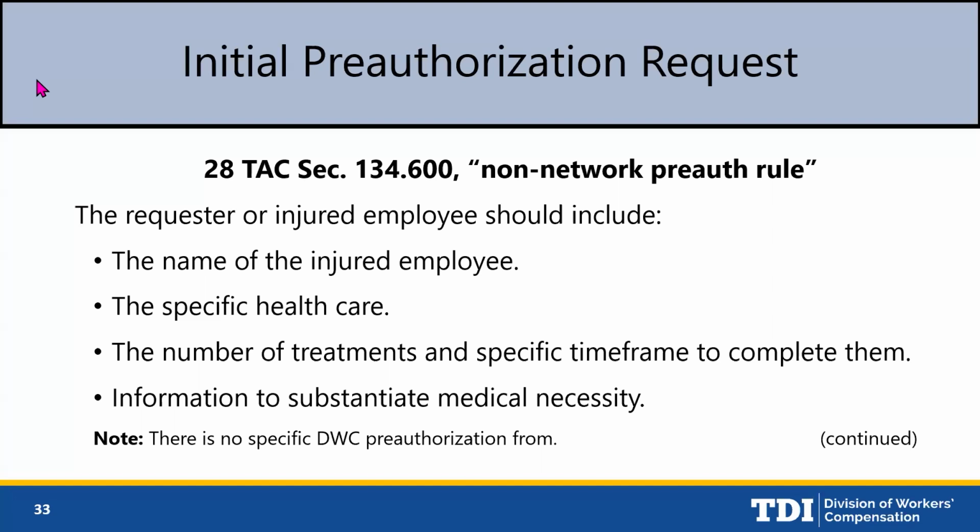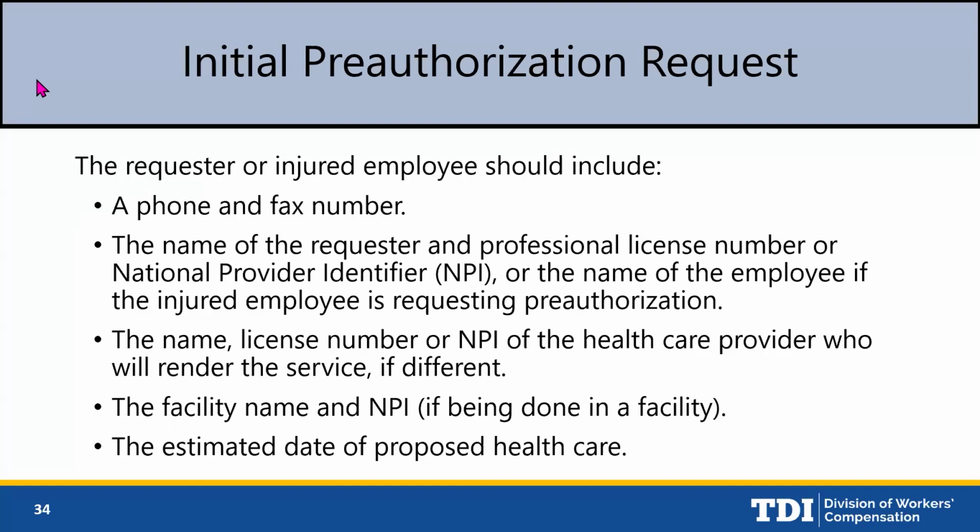There is no specific DWC pre-authorization form. So if you're looking for one on our website, it doesn't exist. Some healthcare provider clinics have their own form to request pre-authorization, but know these items need to be on your initial request. It should include a phone number and fax number for the URA to contact you, and the name of the requester, the professional license number of that requester, and their NPI number.